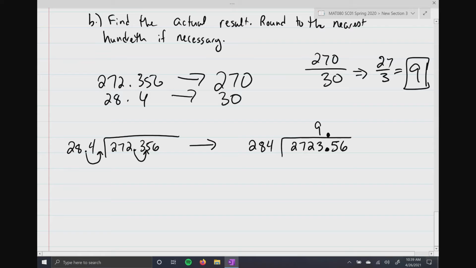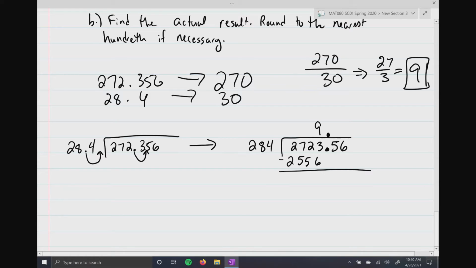And that answer is going to be 2,556. Now I'm feeling pretty good because I already estimated my answer to be 9. And in the actual answer, the very first number I got was a 9. So I feel really confident about what I'm doing here.